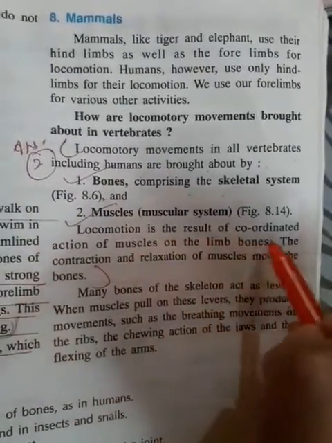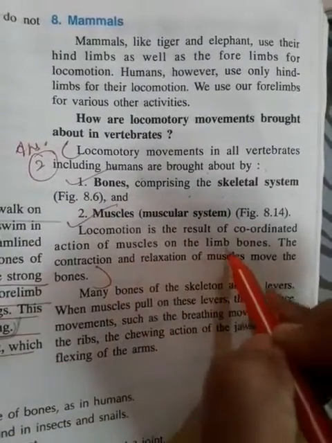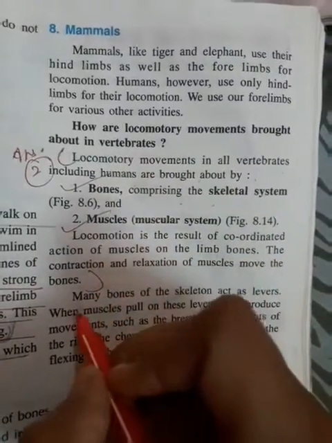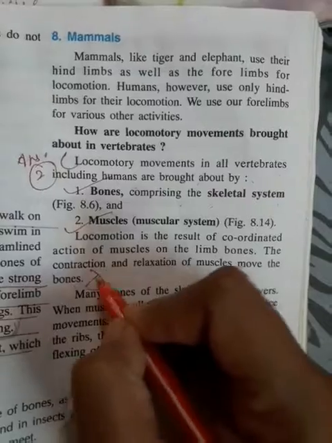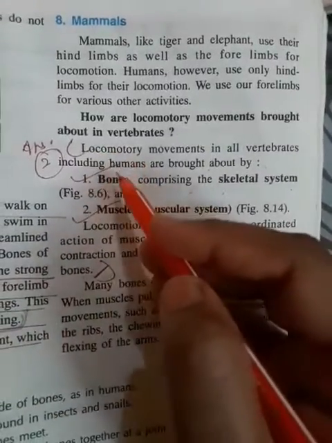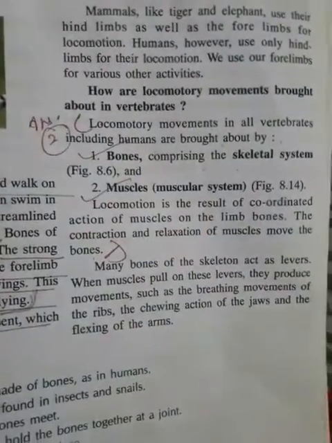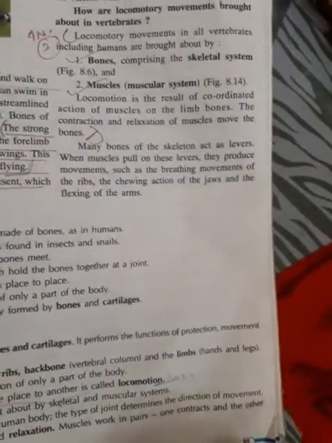Locomotion is the result of coordinated action of muscles on the limb bones. The contraction and relaxation of muscles move the bones. Till here, answer 2 you have to write. Now come to answer 3.